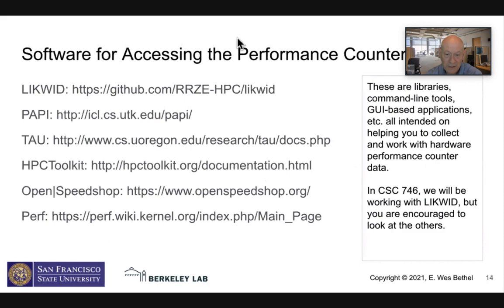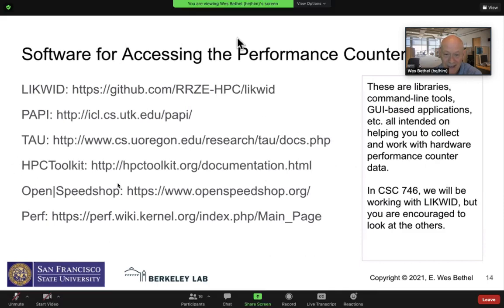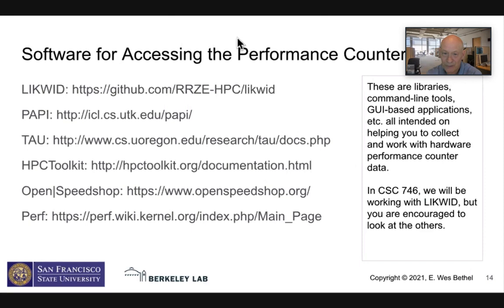Okay, so here's a bunch of tools for accessing and displaying information about the hardware performance counters. There's a bunch of them here. So we're actually going to use one called Liquid, which is from some colleagues over in Europe. They've done a really nice job with it.